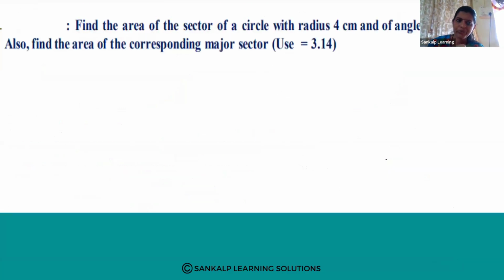Now find the area of the sector of a circle with radius 4 centimeter and angle 30 degree, and also find the area of the corresponding major sector. Here the radius is given and the angle is 30 degree.